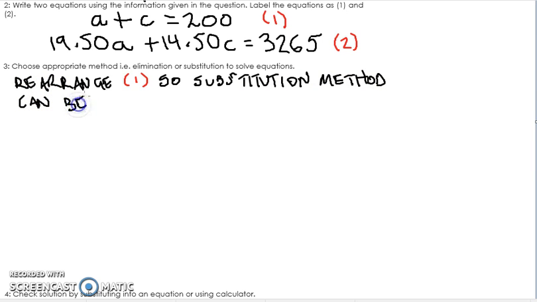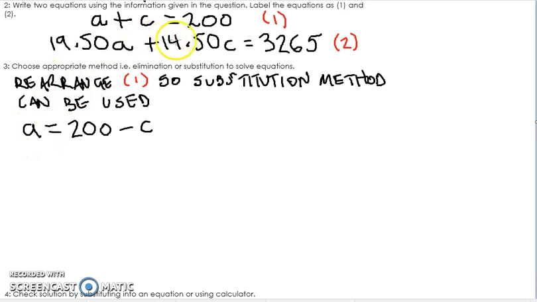In other words, I am going to rearrange this just in one step. I'm going to make equation 1 look like this: A is equal to 200 minus C. Because what I've done is I've subtracted C from both sides to eliminate C here, so I can get A by itself.